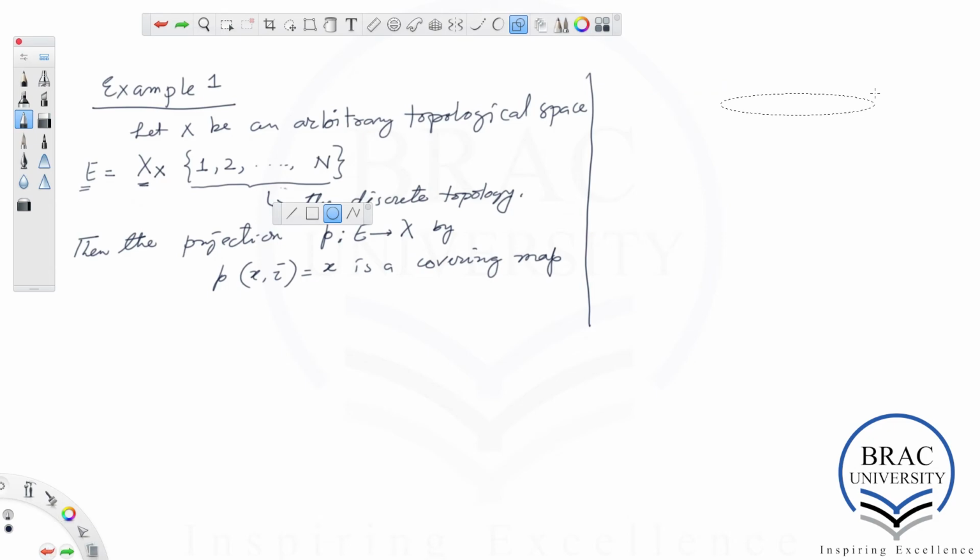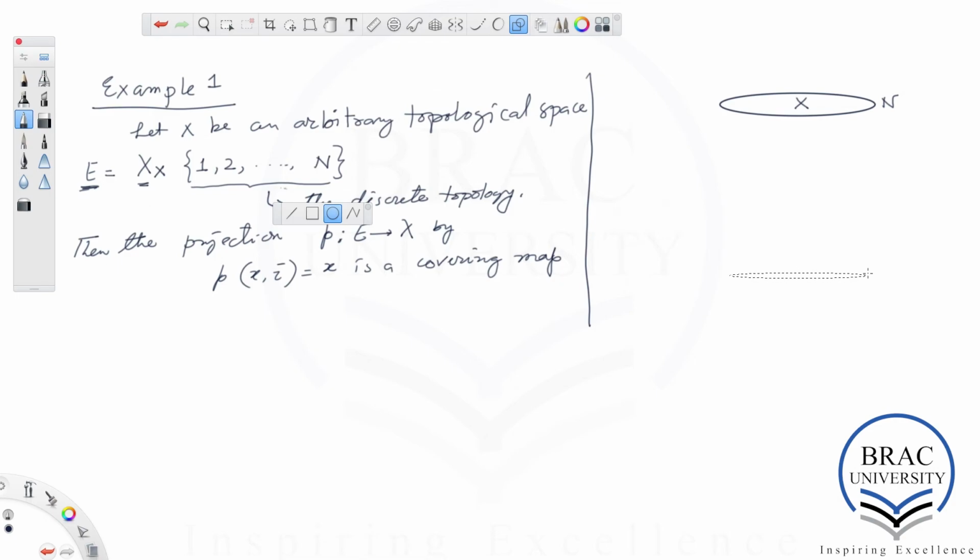Let this be the topological space X. I attach the label n to it, meaning that it's the nth copy of this topological space X in the product E. And let me draw the other copies.